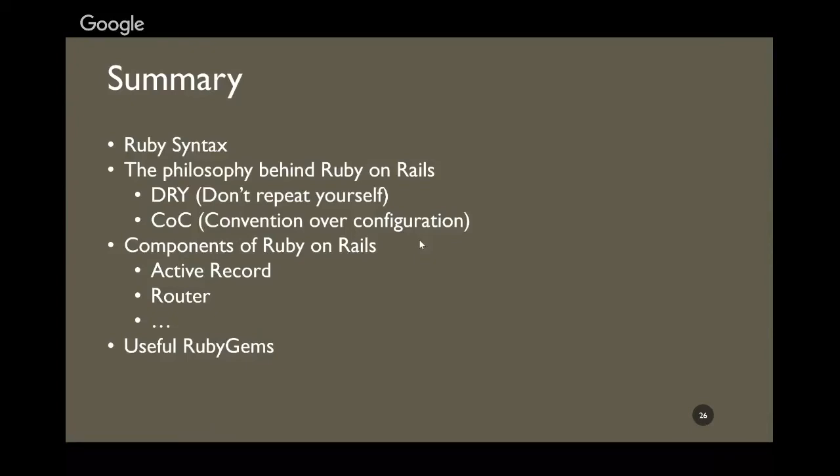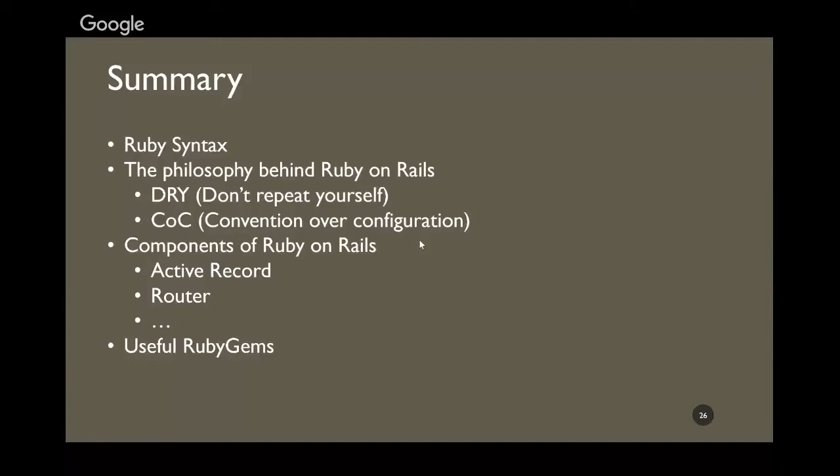So this Ruby part is actually much shorter than the PHP part, but there is some philosophy behind the Ruby on Rails framework. Two main ones are: don't repeat yourself. Please use partials, abstraction, and inheritance to make sure there is no duplicate code in your code base. Another is convention over configuration.